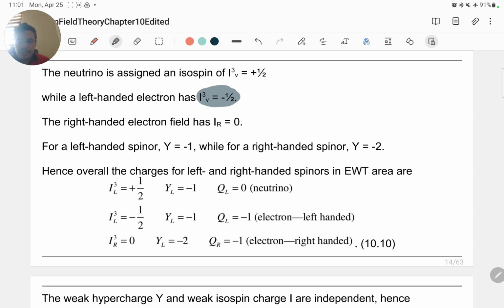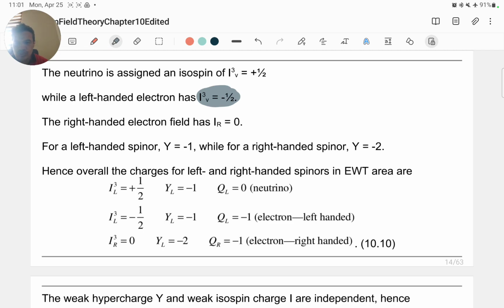And the right-handed electron field has IR equal to 0. For the left-handed spinor, Y is equal to negative 1, while for the right-handed spinor, Y is equal to negative 2.